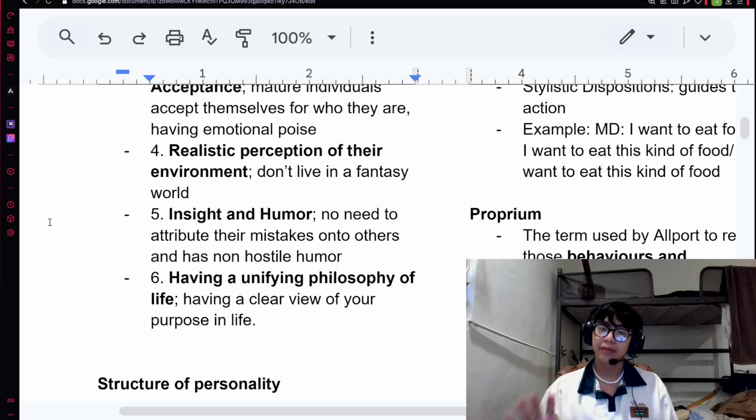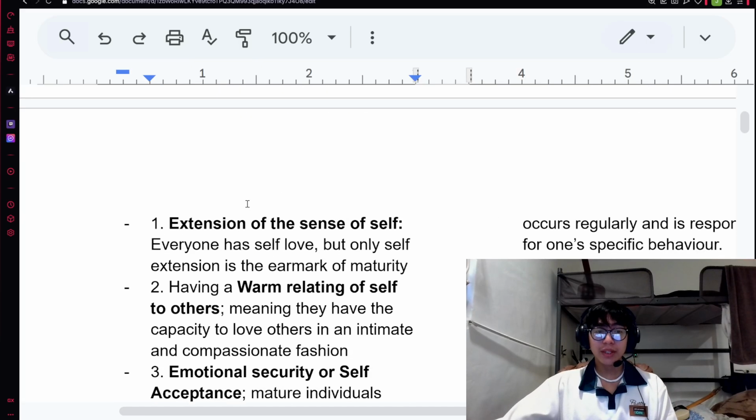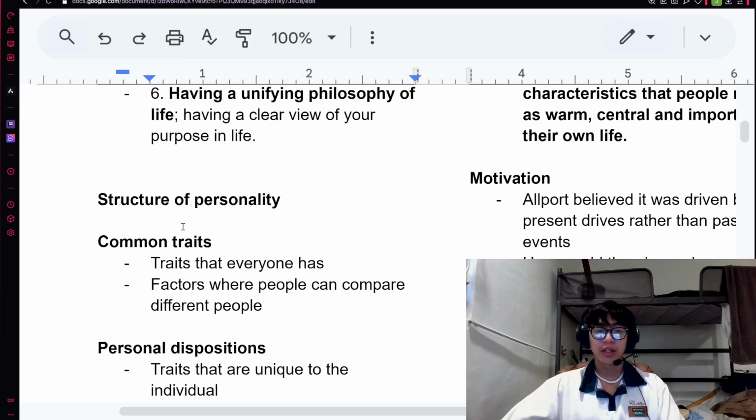They're just normal. Yeah. The last one is having a unifying philosophy of life. So basically having a clear view of your purpose in life. That's basically it. Those are his six criteria for a mature personality.